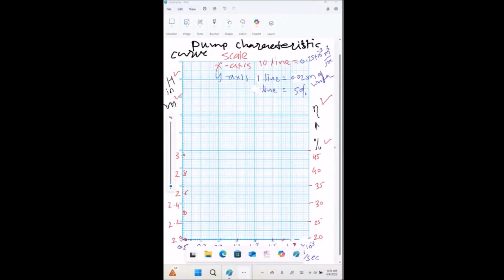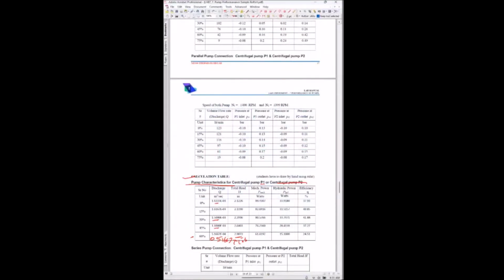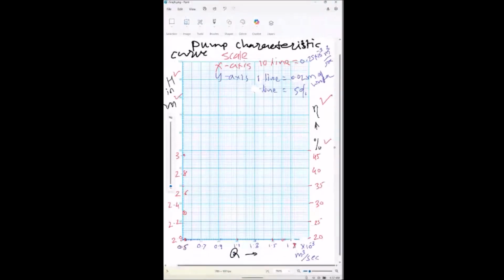What is the head for 1.1? It is 2.64, in between here. Okay.